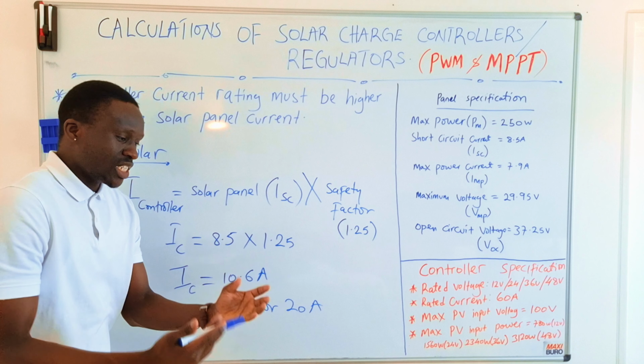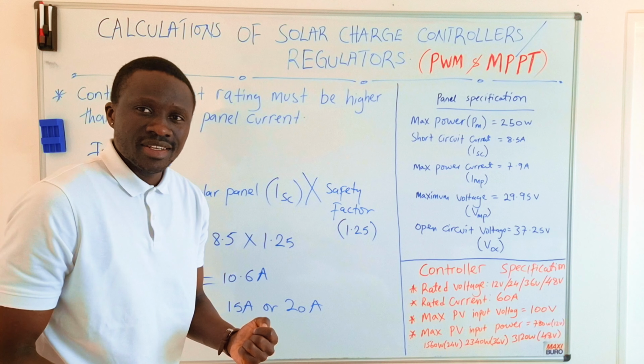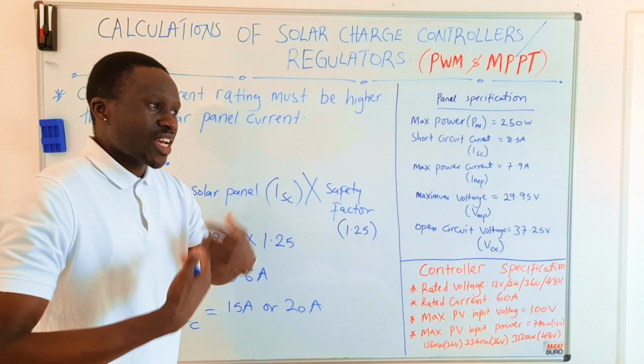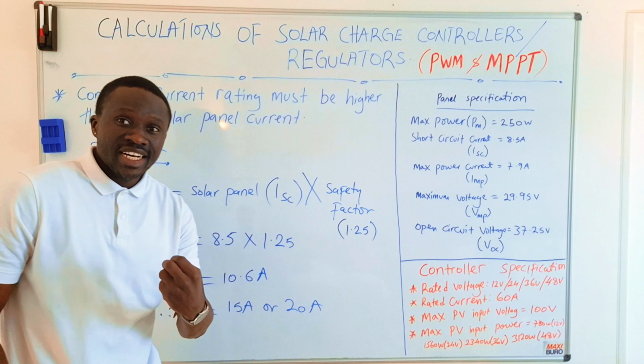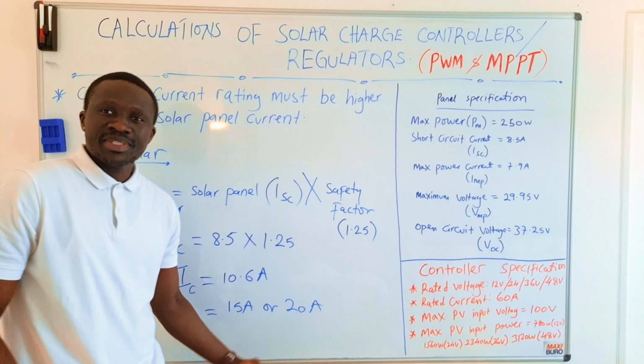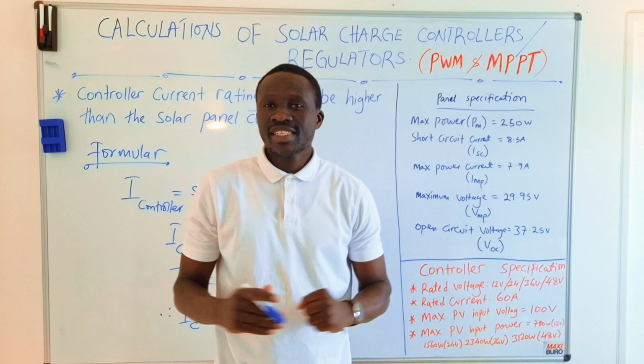Don't go for this 10 amps. Even though you go for it, it is good, because the calculation has given you the proper measures. But technically, you can use 20 amps. Okay? And your system will work smoothly.